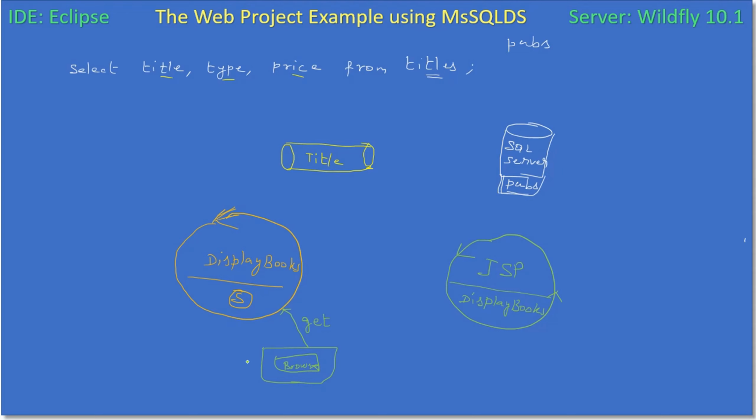In the usual case it will go through an HTML, and the HTML will invoke the servlet. Otherwise you can create an HTML file and provide a link, and that link will invoke this servlet.